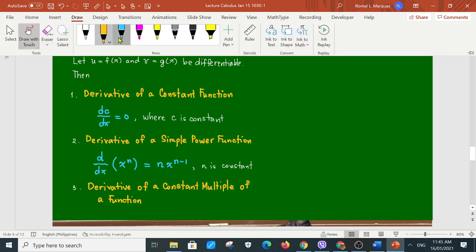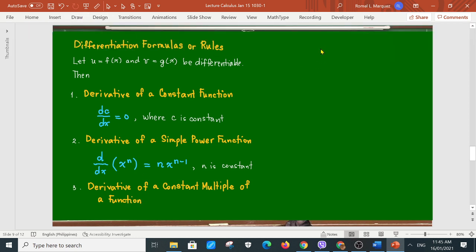What's the formula? Memorize this, because in the near future it will be face-to-face and you can no longer look at your notes.